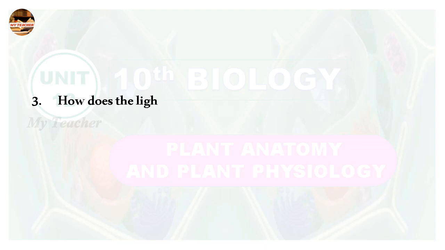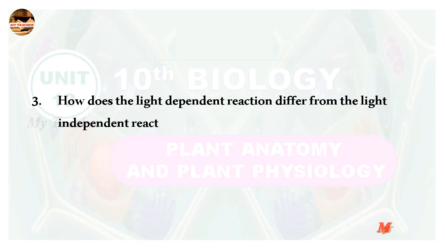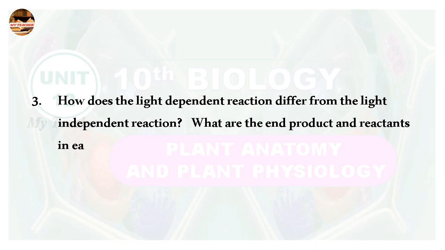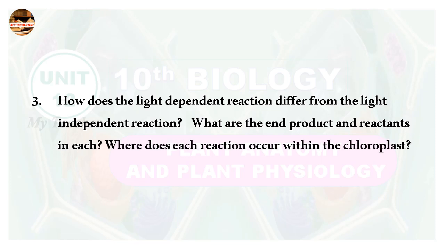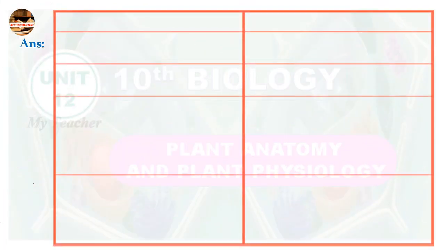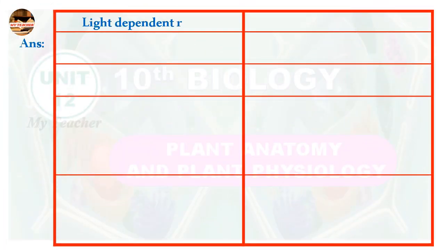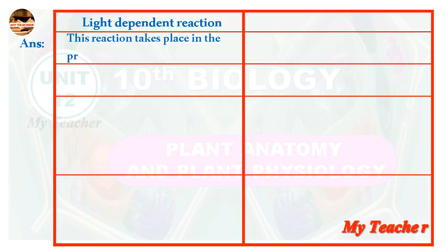Third question, how does the light-dependent reaction differ from the light-independent reaction? What are the end products and reactants in each? Where does each reaction occur within the chloroplast? Light-dependent reaction. This reaction takes place in the presence of light energy.